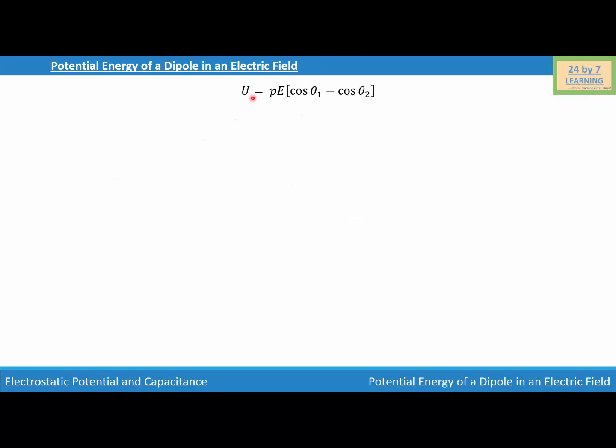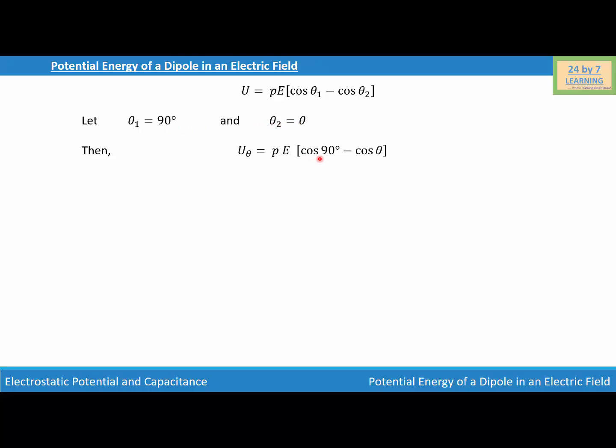So as we can see, we have W equal to PE, cosine theta 1 minus cosine theta 2. Now let's consider a situation where theta 1 is equal to 90 degrees and theta 2 is equal to theta. If we substitute these values in this equation, we get U theta is equal to PE, cosine 90 minus cosine theta, because theta 1 is 90 and theta 2 is theta.